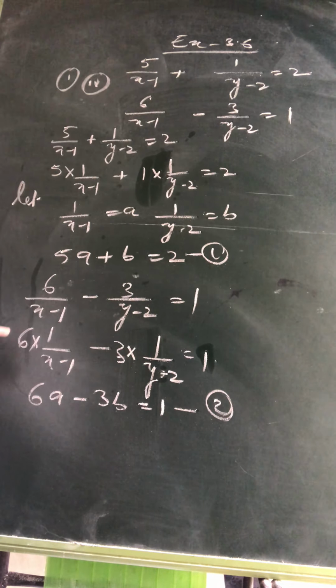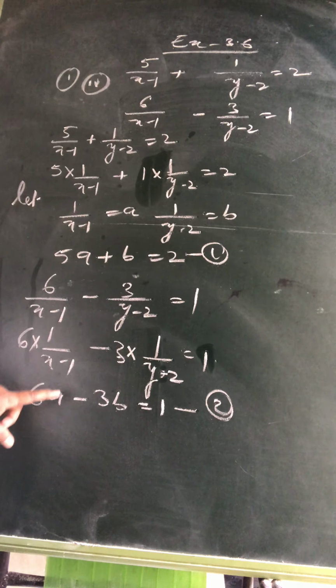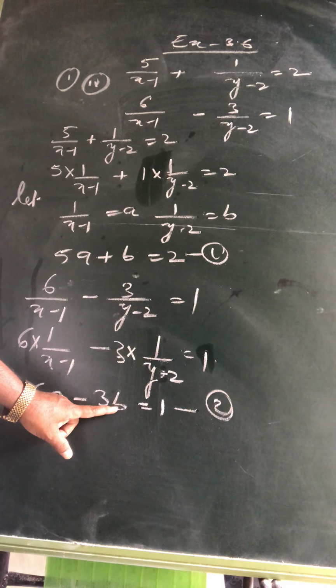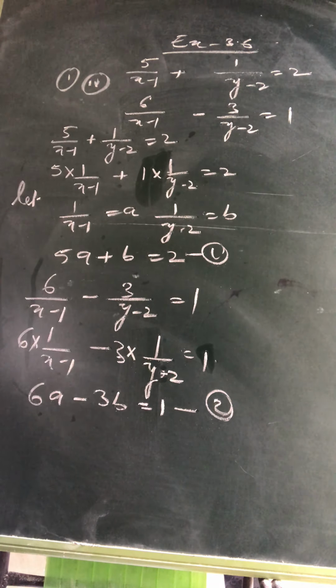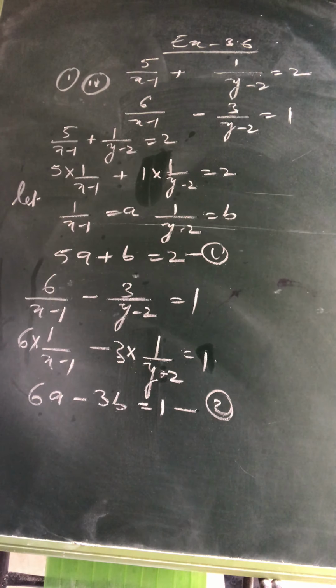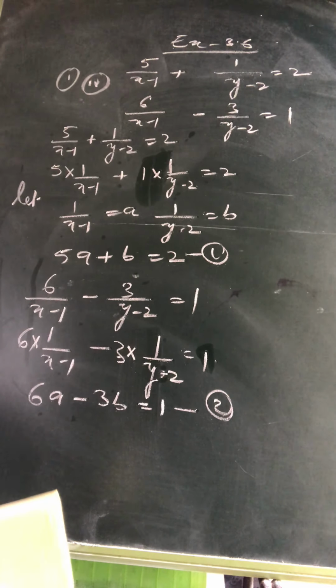So we write 6 into a minus 3 into b is equal to 1, that is 6a minus 3b is equal to 1. This is the second equation. Like this we reduce it and then solve.